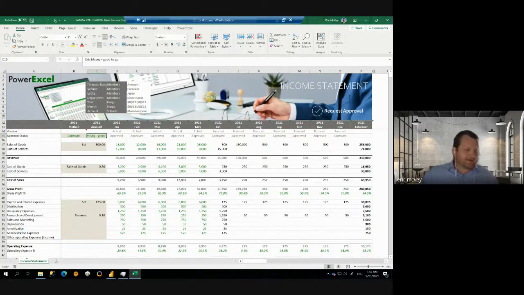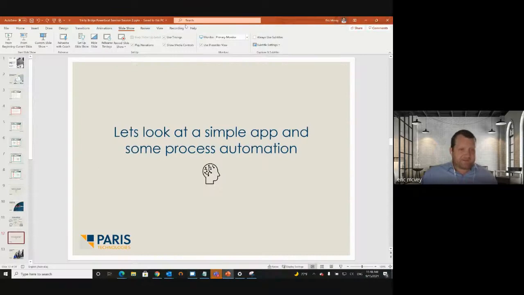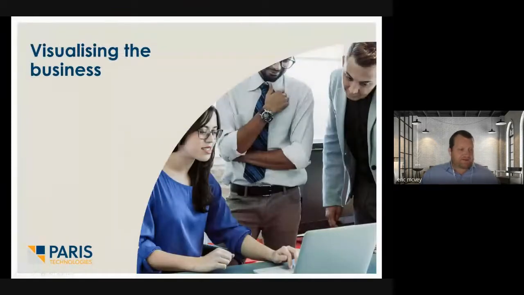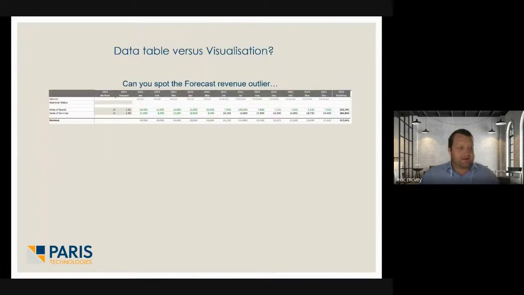So then the next part we sort of touched on is the visualization components. So why do we want to visualize the data? Well, if we start off, here's a quick example from that little spreadsheet. Can we spot the forecast revenue outlier? Now we could sit there and look at it across the line, and we can see that there's 100,000 and the other ones are fairly low.